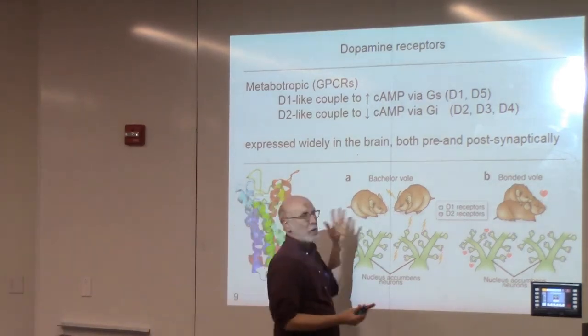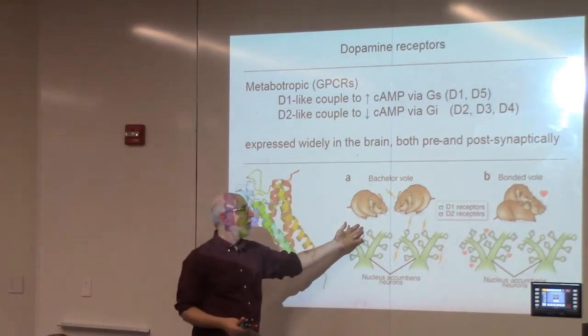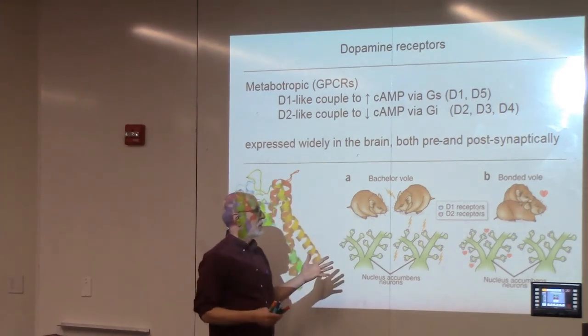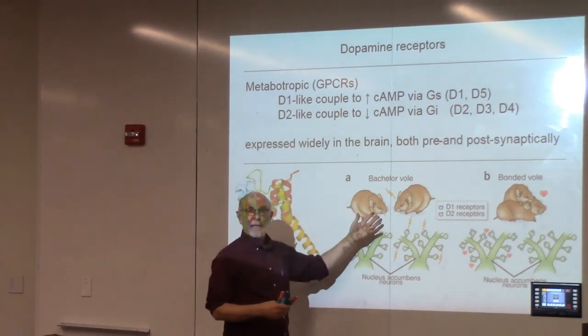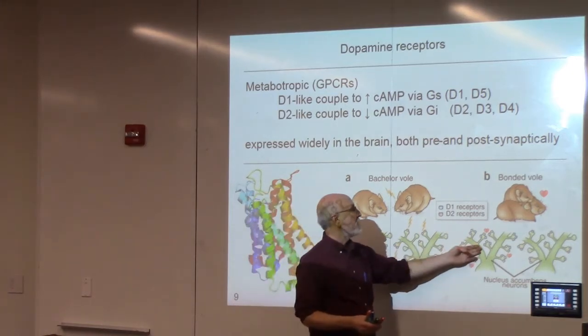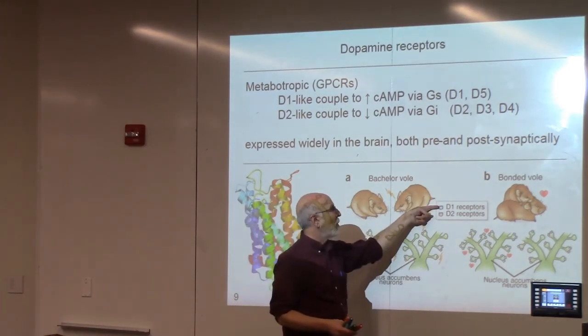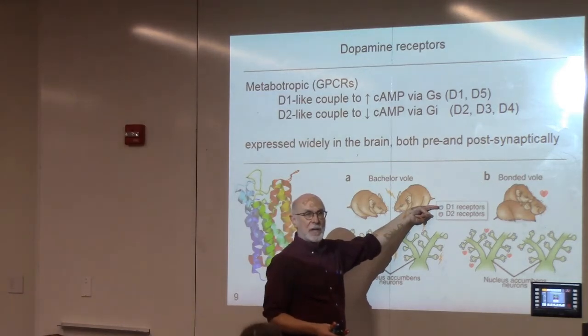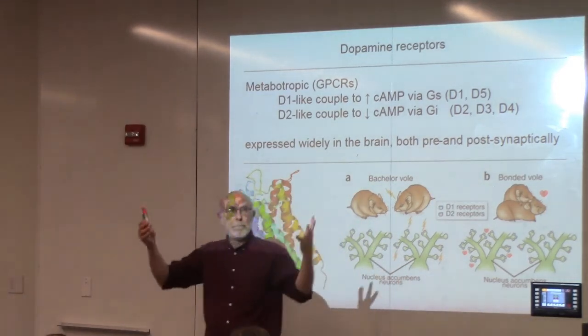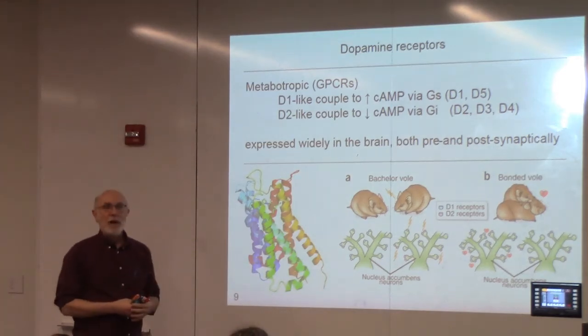Valentine's Day is coming up, so I put this in here. When monogamous mammals find a mate, which is a rewarding event, there is a higher expression of the excitatory dopaminergic neurons in their nucleus accumbens, and that leads to a boost of the reward pattern.